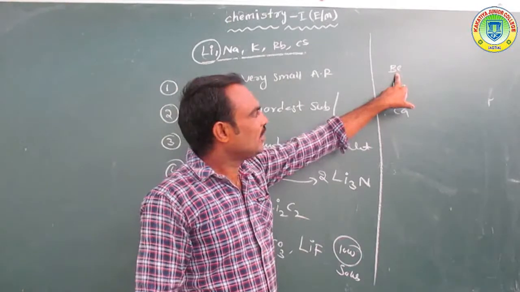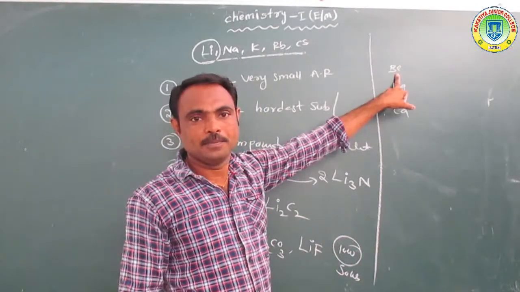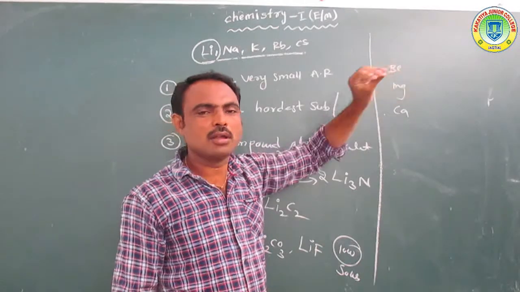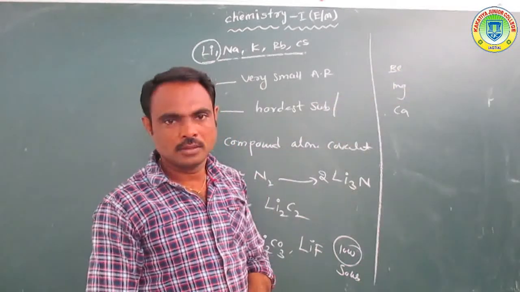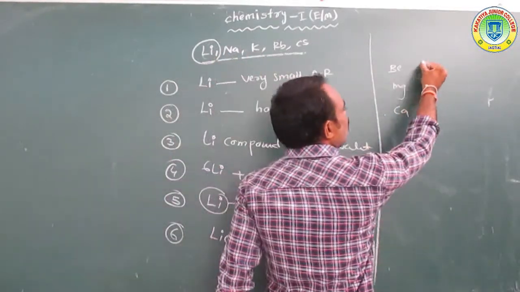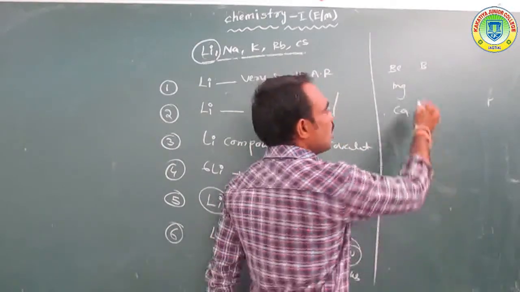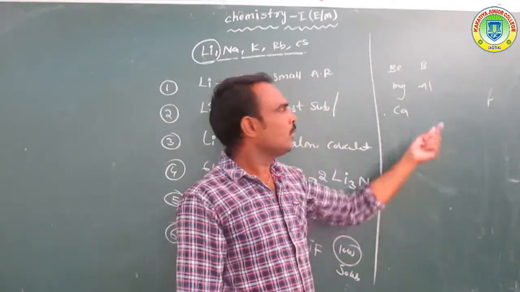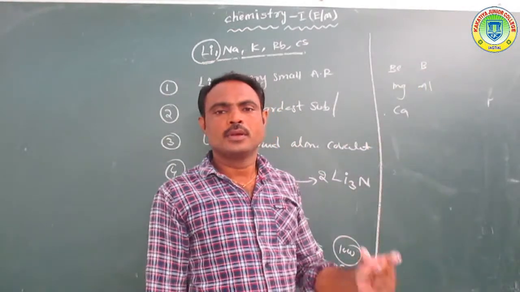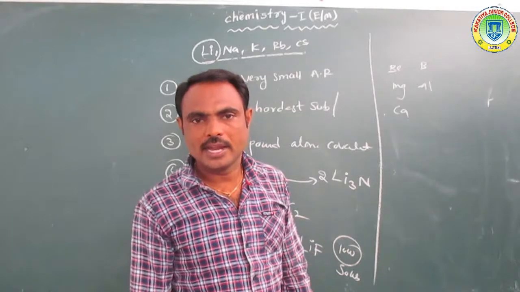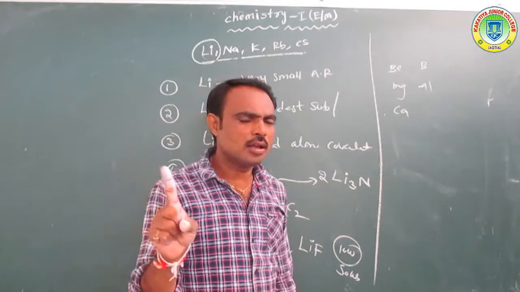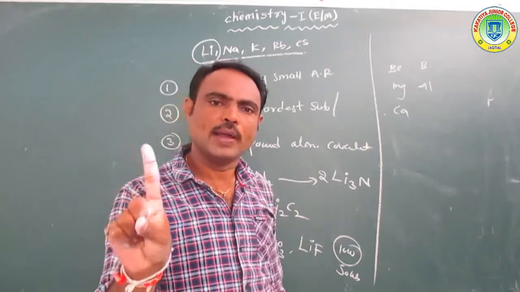The first element is beryllium, with a very low atomic size, and its compounds are covalent compounds. In the third group, boron, aluminium, gallium: boron also has a very low atomic size, and its compounds have covalent nature.